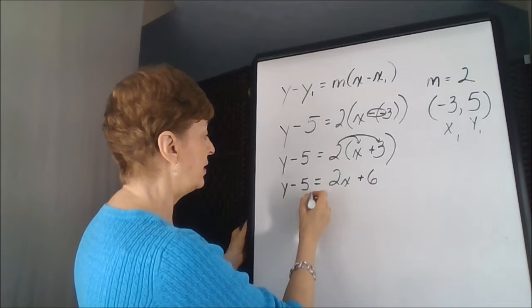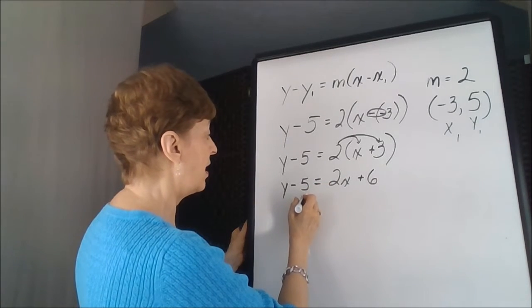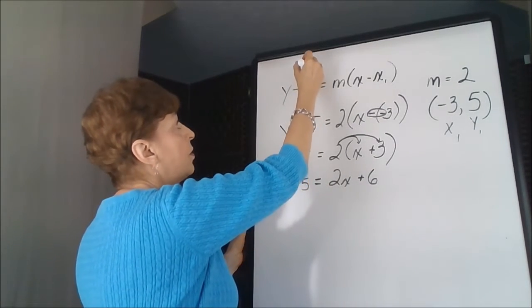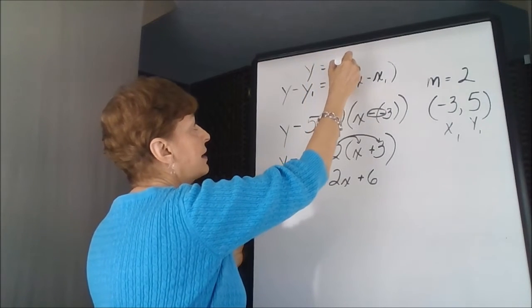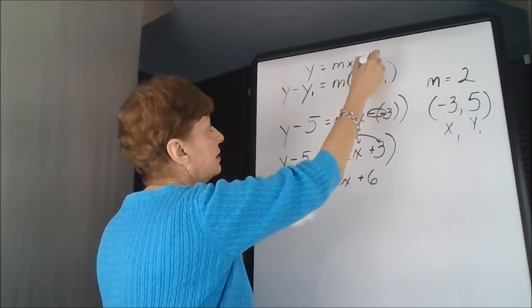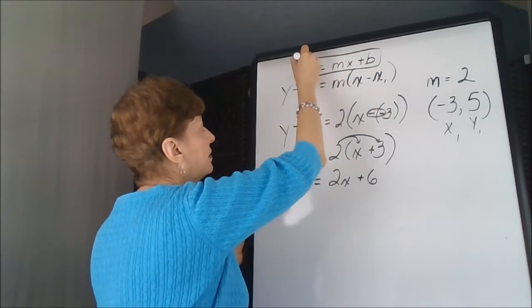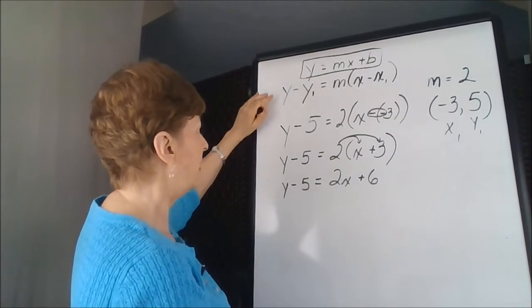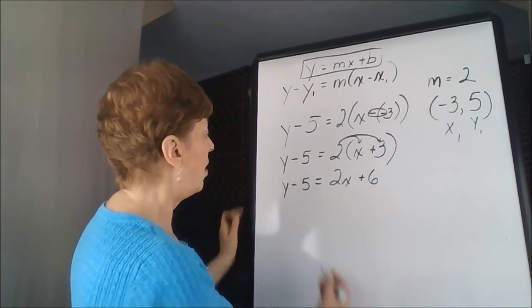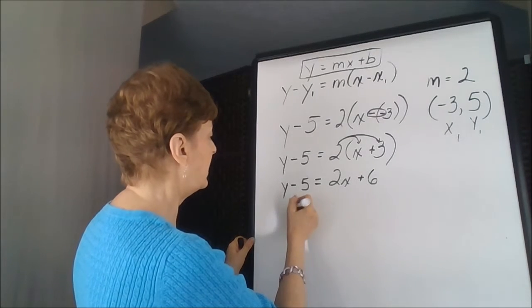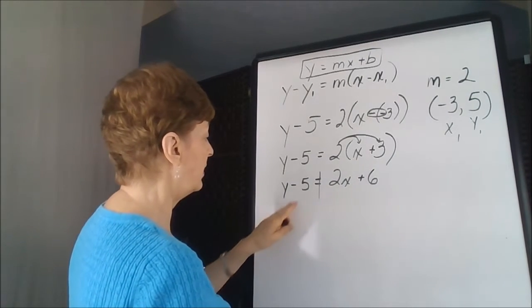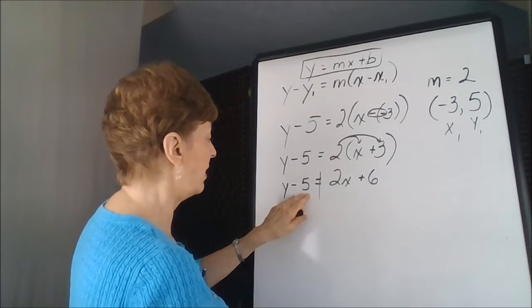Okay, at this point, we're now ready to try to get our formula into y equals mx plus b. This is the one that we actually want. So in that case, we would need to move off the negative 5 because here's the y, and the y needs to be by itself.